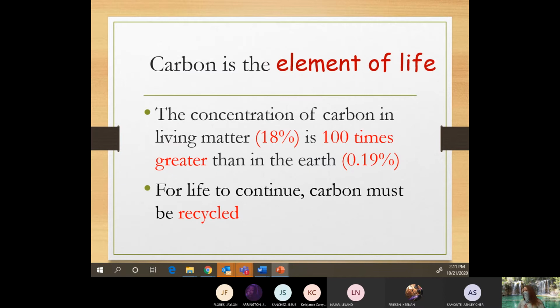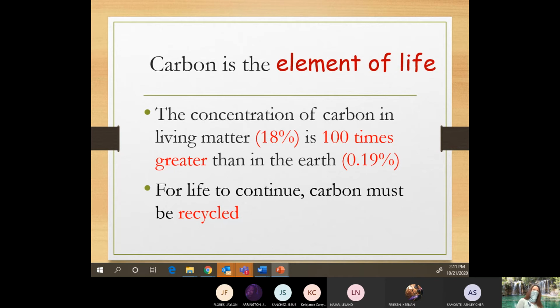Carbon is related to the element of life. If it has carbon in it, that's what makes it organic. We're not talking organic food at the grocery store, but organic meaning living. And a lot of that is like it says up there.